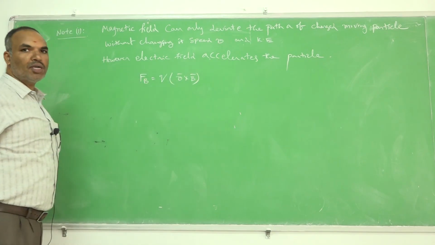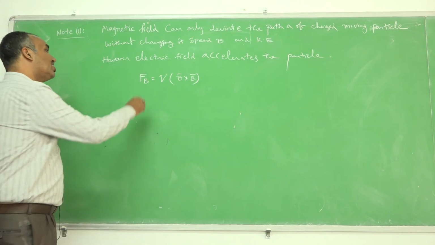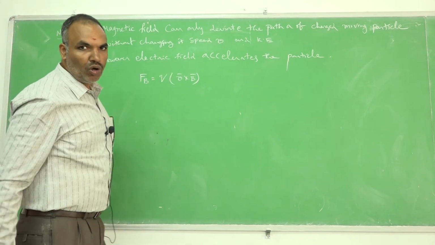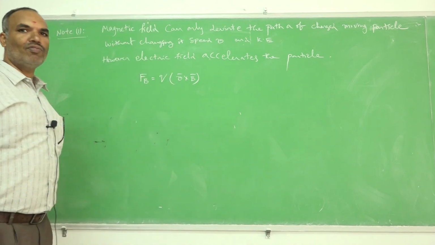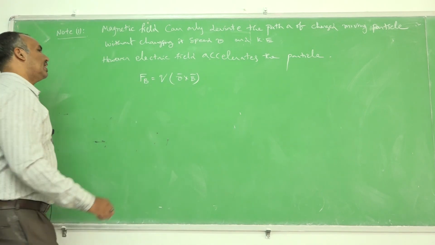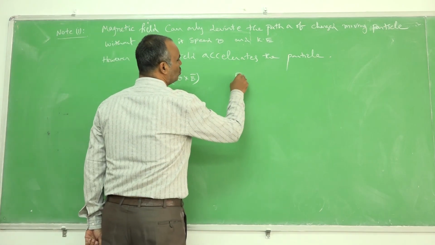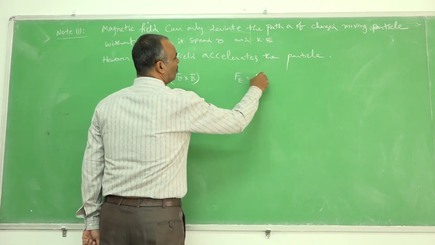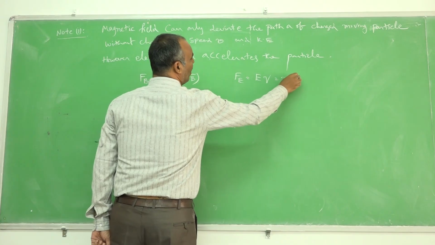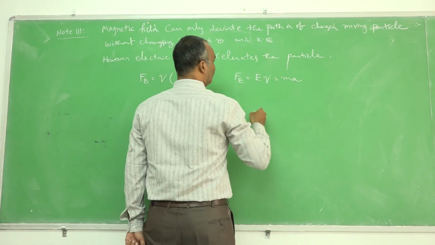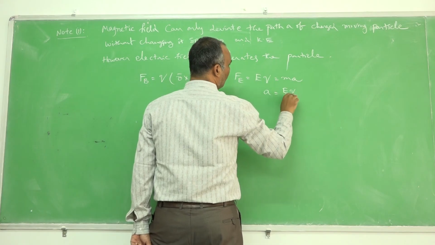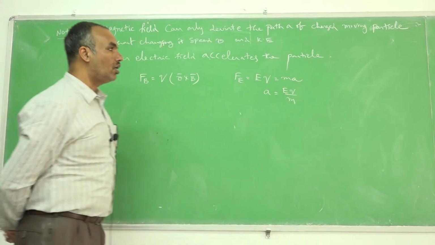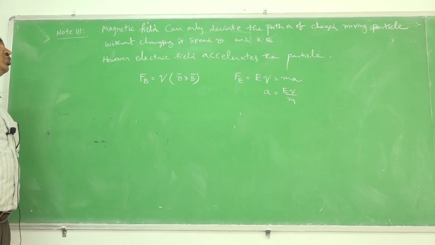This force is responsible to change the direction of motion of the particle into curved path or circular path, as we discussed earlier according to Fleming left hand rule. But electrical force due to electric field, F is equal to EQ, that is equal to MA. So A is equal to EQ by M. This is the acceleration got by a particle due to its motion in electric field.